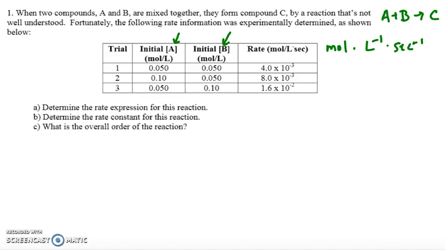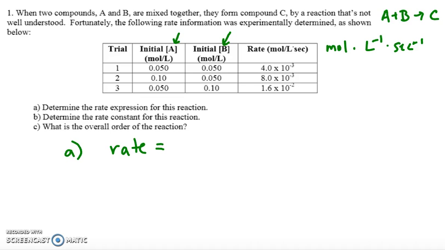Now, we're being told to determine the rate expression for this reaction, then to determine the rate constant, and then to determine the overall order for the reaction. The simplest way to begin is to start writing the rate expression, because it's pretty generic to begin with.